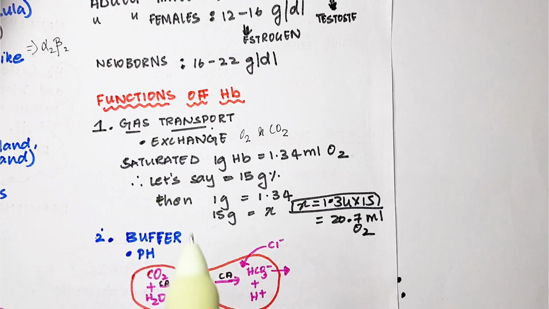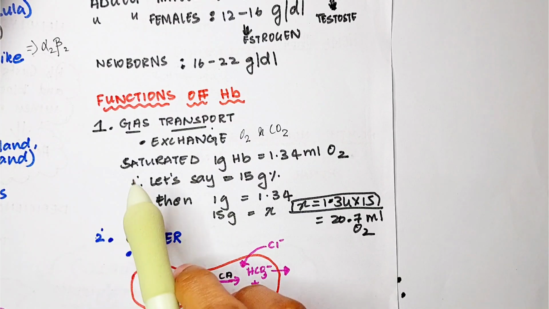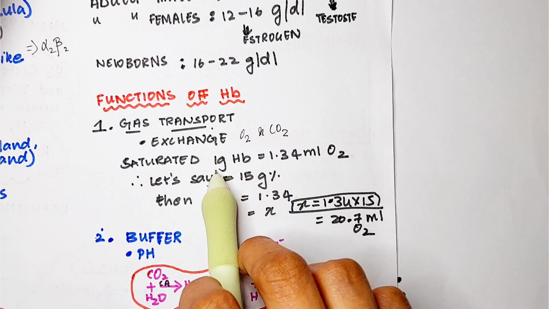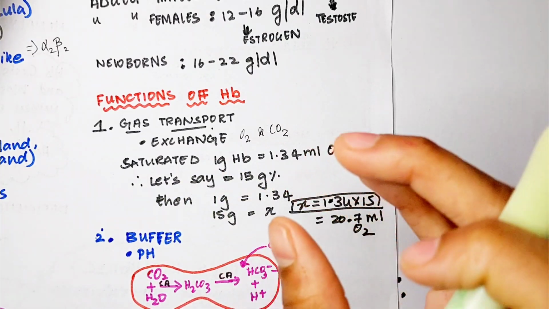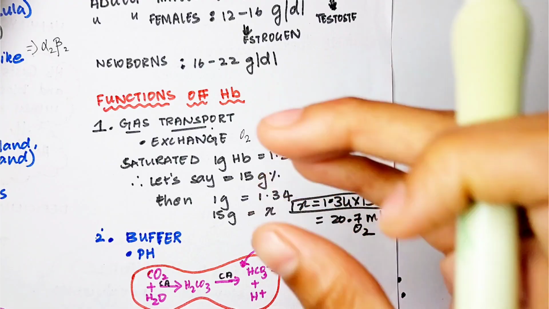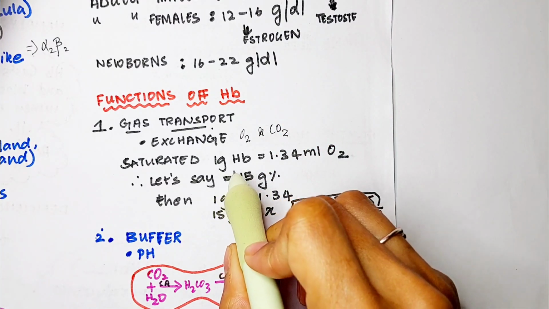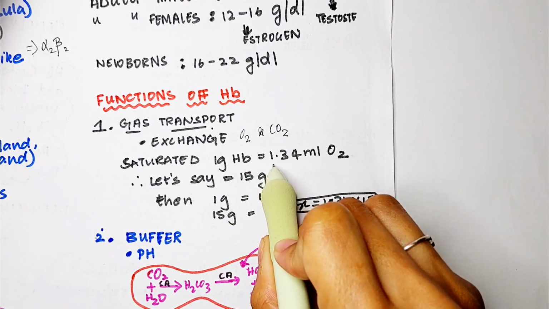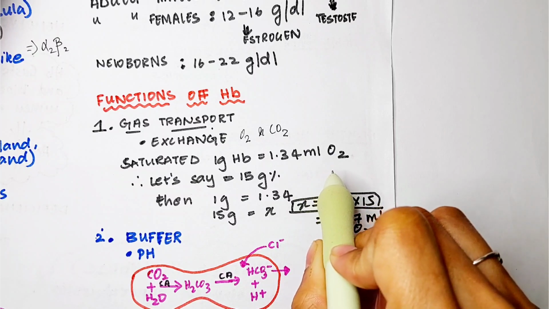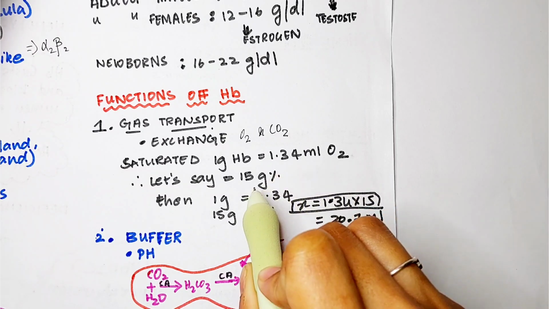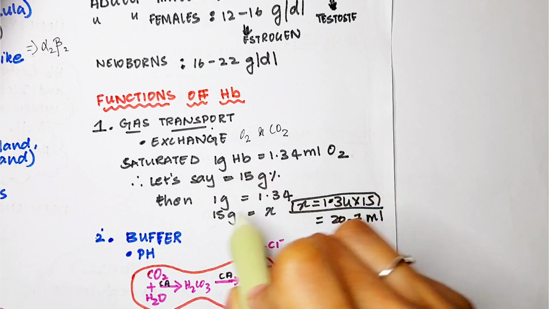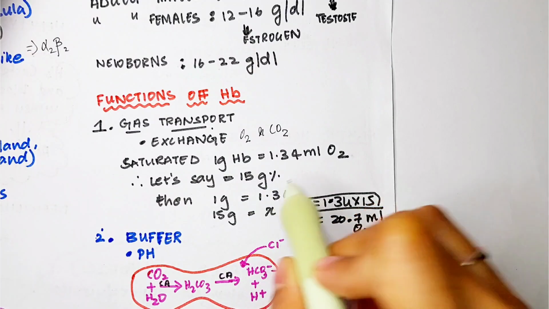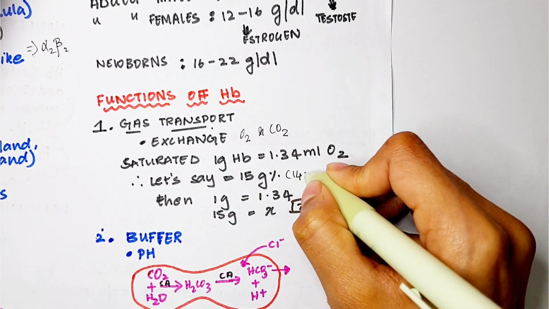Now, there is this simple math that you have to get to know. Yes, I know we all might not like math. So take 1 gram of hemoglobin, let's say it is completely saturated. A saturated 1 gram of hemoglobin would approximately contain 1.34 ml of oxygen. Now let's say we have taken a male's hemoglobin value, which is 15 gram percent, because the normal range is 14 to 18.